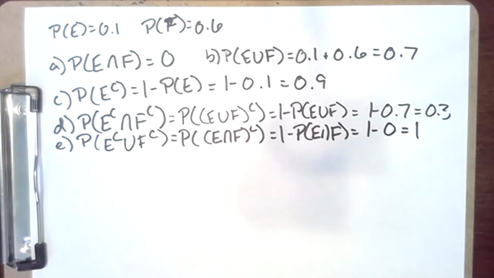Everything is either in the complement of E or in the complement of F because they are mutually exclusive.